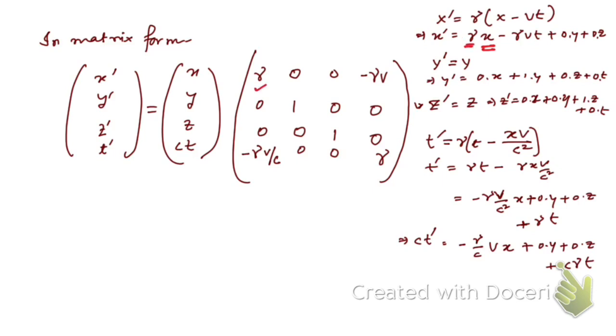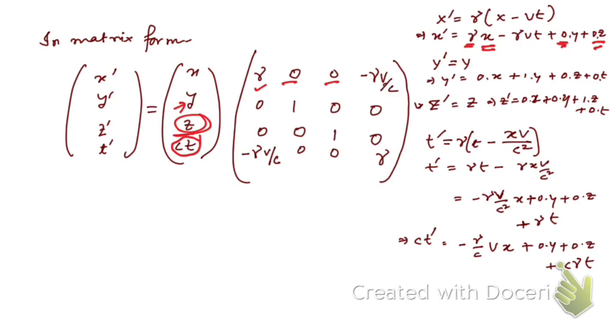Then the coefficient of y should be written, which is 0 here. The coefficient of z is also 0. Then we have written the coefficient of ct, that is here you see.